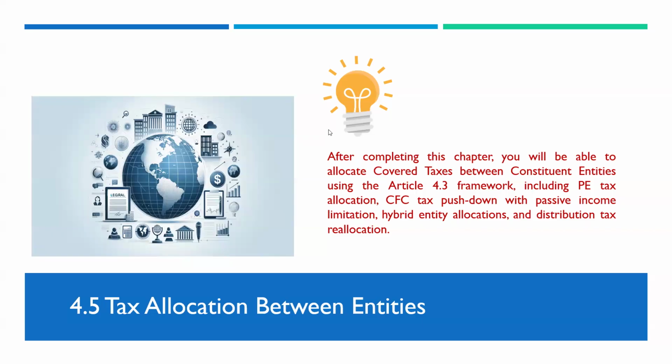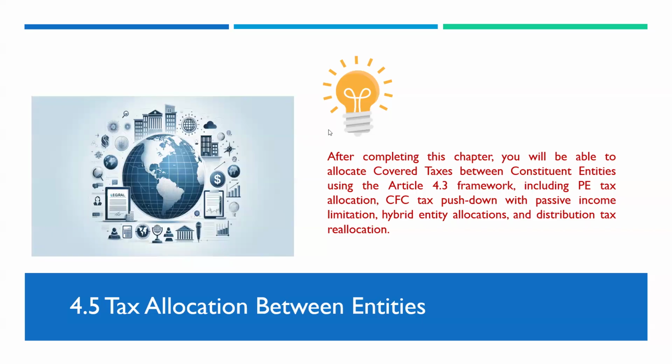It's very simple, very basic, a black and white thing, because you see how ETR is calculated? ETR is calculated as taxes divided by income, right? So wherever the entity has the denominator, that is where the taxes should also be allocated, for parity.